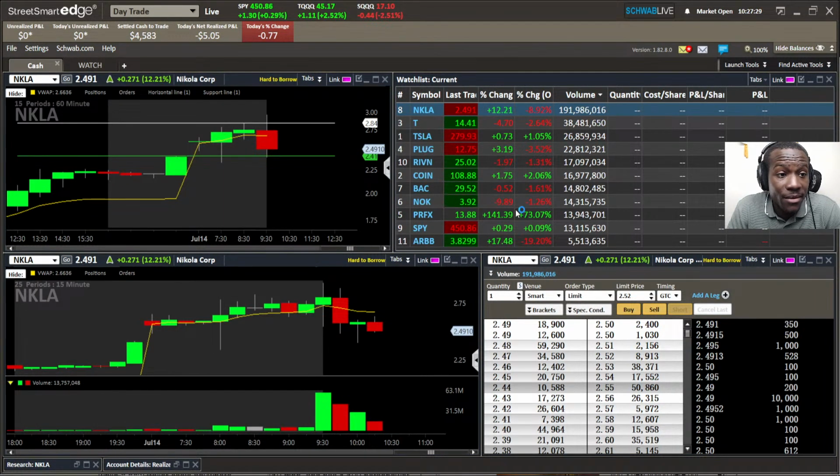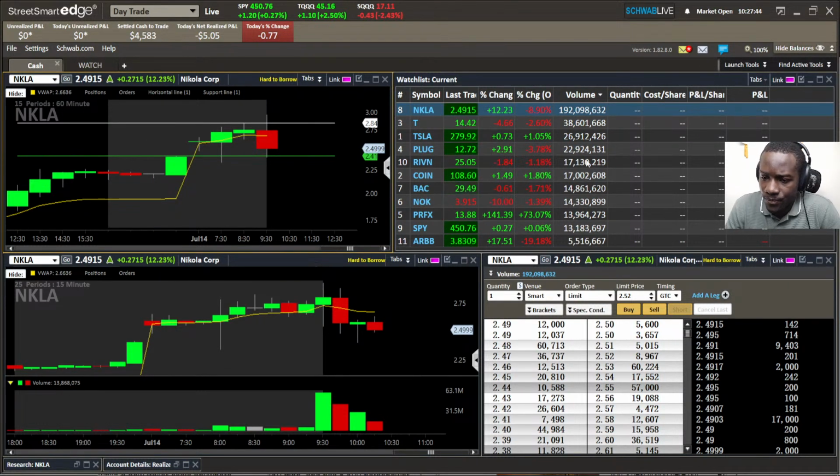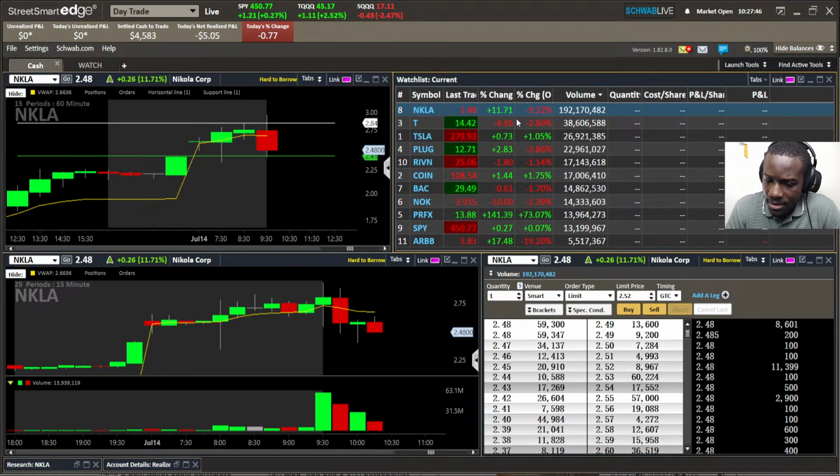Wonder, can I get like 5 cents? It filled this gap, bounced off to 240, so it's actually got a little bit of a level at 240. But it is a larger float, so I definitely had to play it a little bit slower.